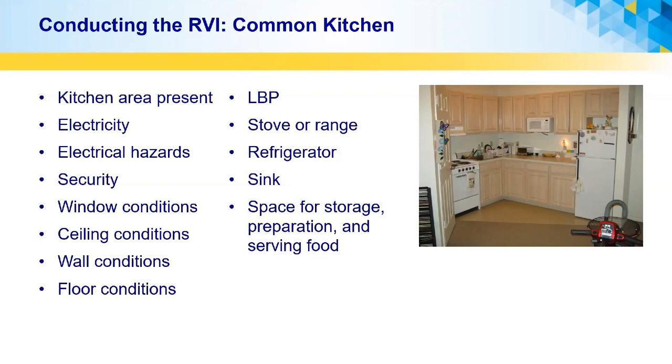The protocol that we use for the units is exactly the same as the protocol we will use for a common kitchen. So I'm not going to repeat the protocol. I would refer you back to the module that is titled Living Rooms, Kitchens, and Bathrooms.